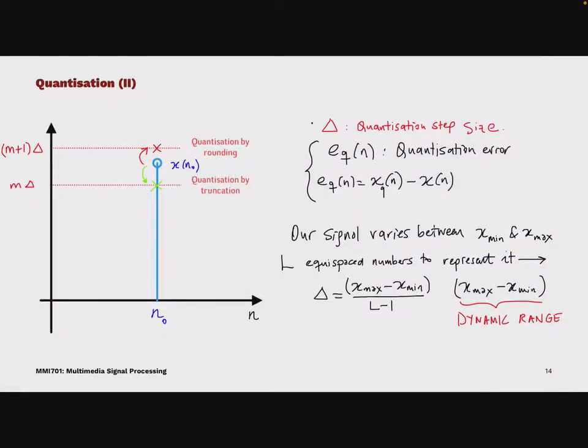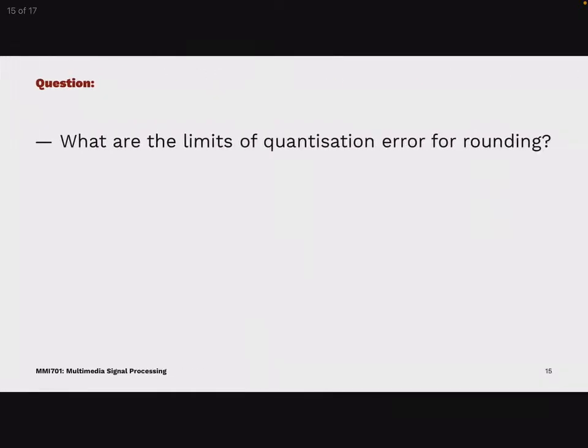So this is the definition for quantization error and the quantization step size defined with respect to the dynamic range of the signal. So there is this question then. What are the limits of quantization error for rounding?